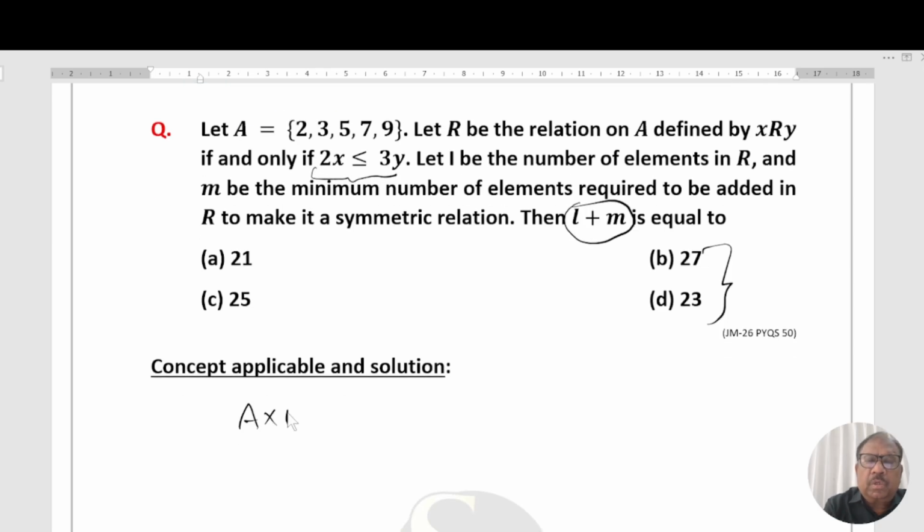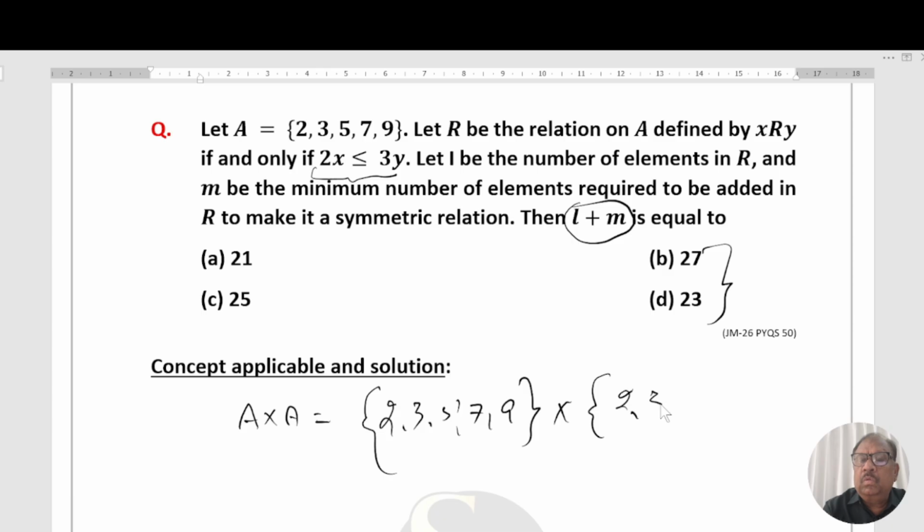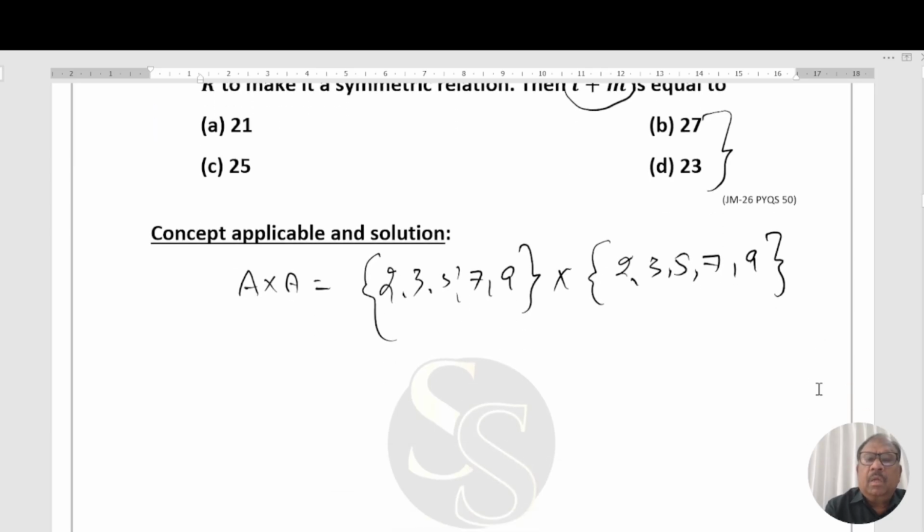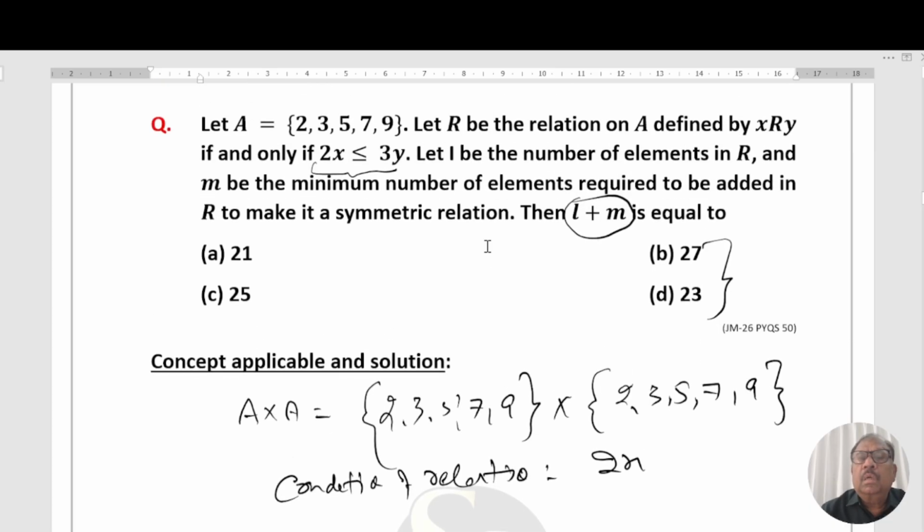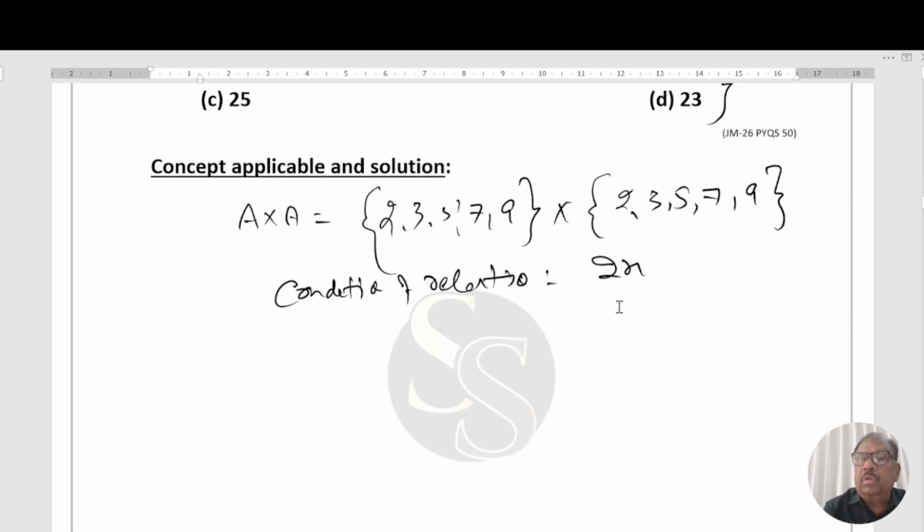A cross A. 2, 3, 5, 7, 9. इनका क्रॉस प्रोडक्ट लिया हमने। Condition of relation is 2x should be less than equal to 3y.